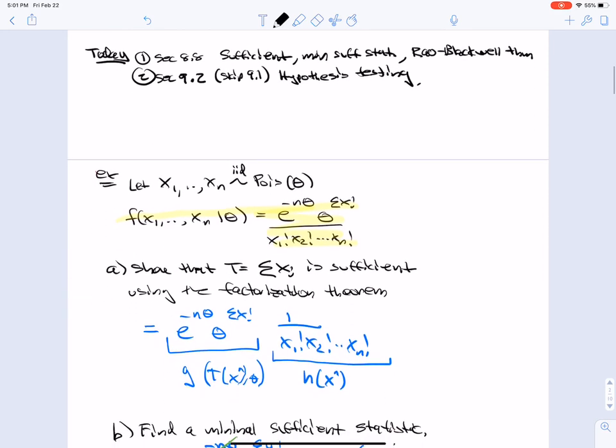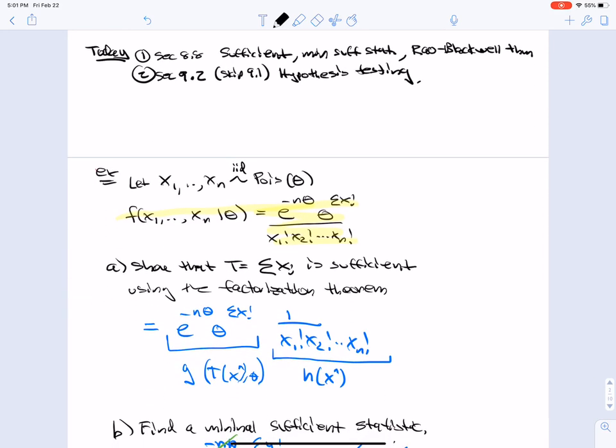So if you look at this example, x1 to xn IID Poisson, you can see that the sum of the xi's is sufficient because we can factor the likelihood into a part that depends on t and theta and a part that depends just on your data.